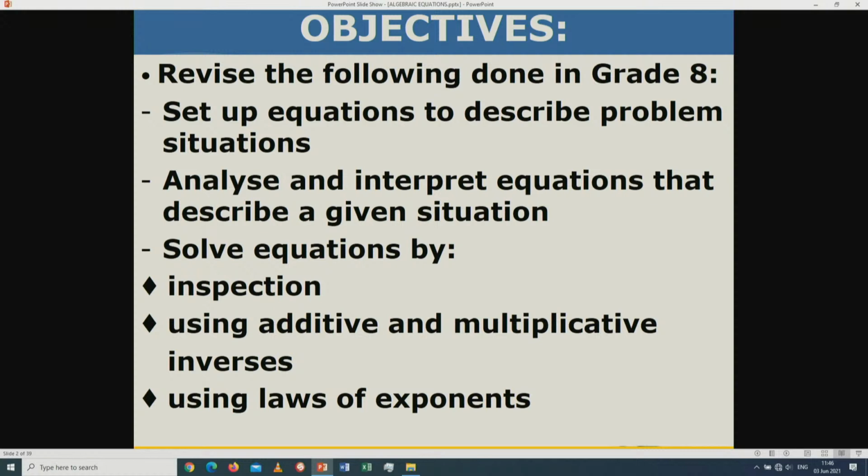Then grade 8 must analyze and interpret equations that describe a given situation, and solve equations by inspection. Then also solve equations by using additive and multiplicative inverse, and then using laws of exponents.